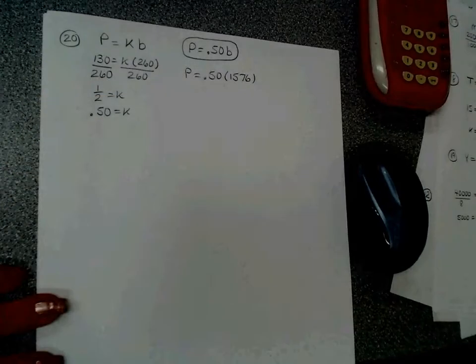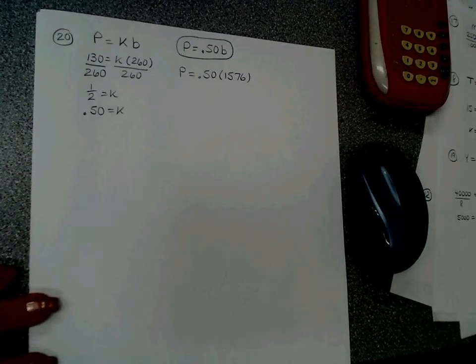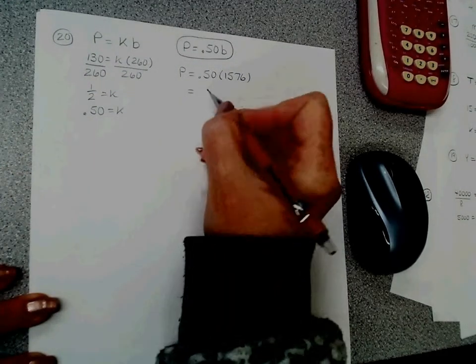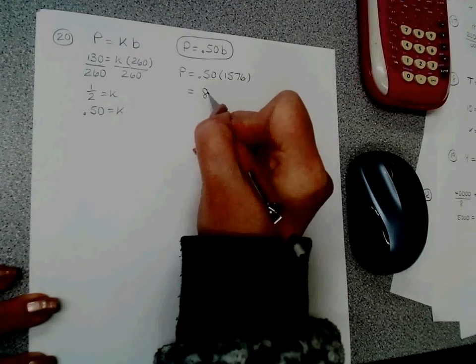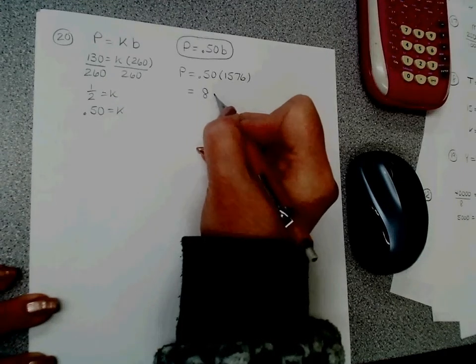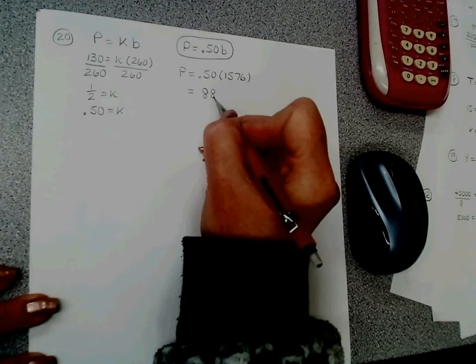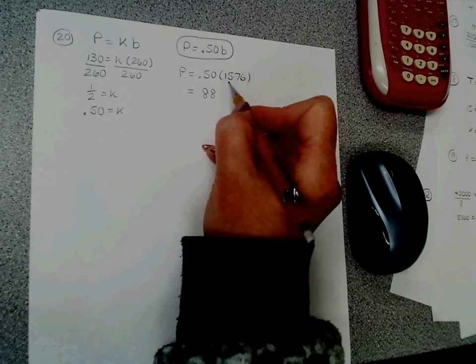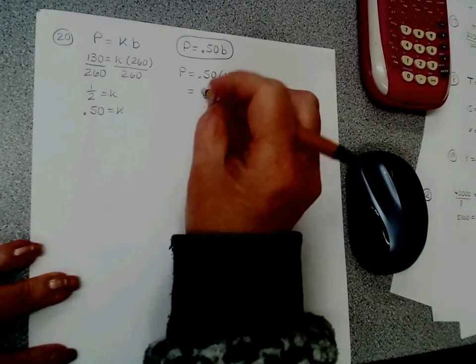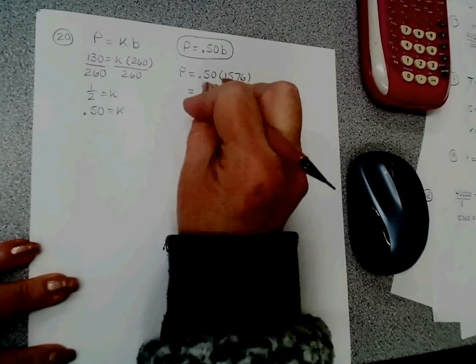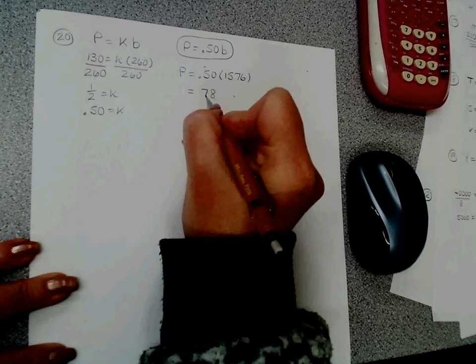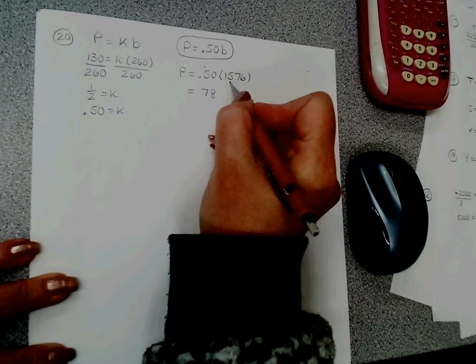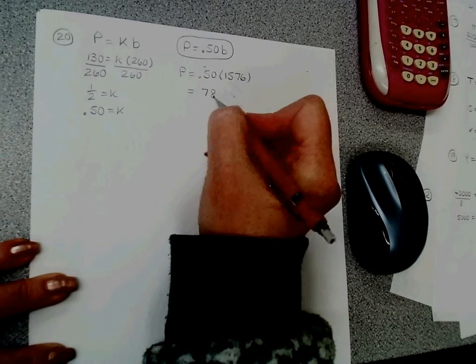So that's 1,576 times a half, which is going to be 880. Let's see. 2 goes into that. 2 goes into that 7 times. All right, Miss Woods is doing bad math today. Which with a remainder of 1, 2 goes into 17, 8.